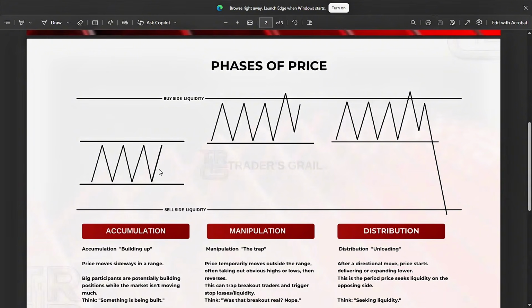You want to think that this ranging accumulation phase is the Asia section, and then the manipulation phase will occur during London section. Sometimes it tends to occur during New York, but the majority tends to occur during London. So then New York, then distribute.